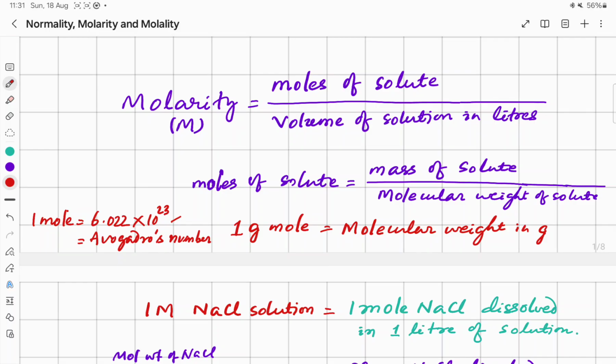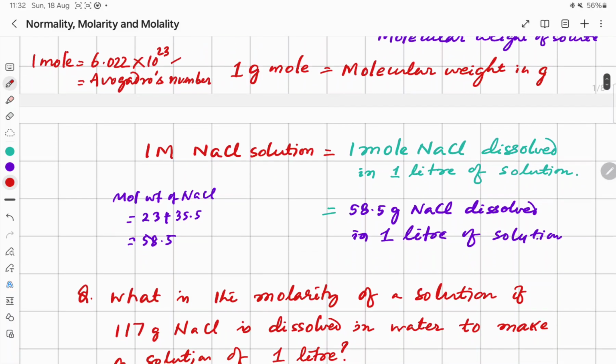So when we say molarity, molarity is the moles of solute per volume of solution in liters. Moles of solute is the mass of solute divided by the molecular weight of the solute, because 1 gram mole is equal to the molecular weight in grams. Suppose sodium chloride molecular weight is 58.5.